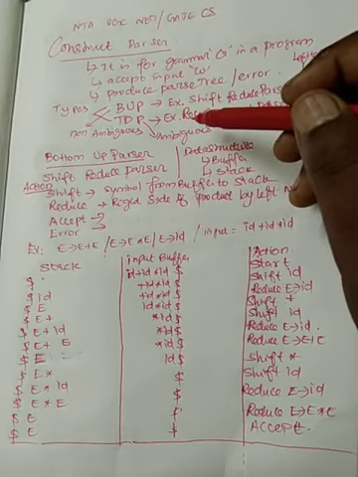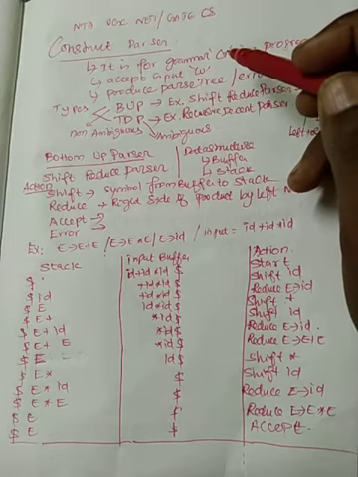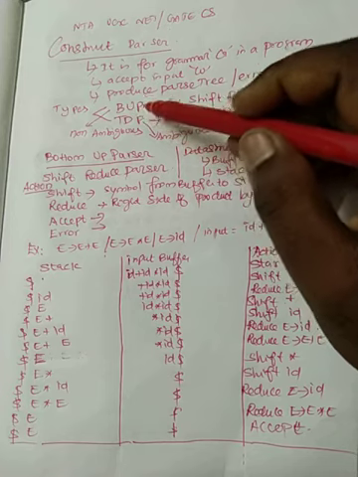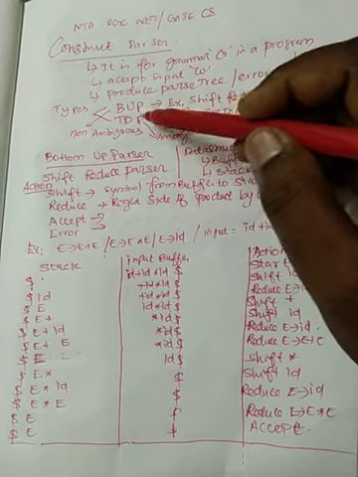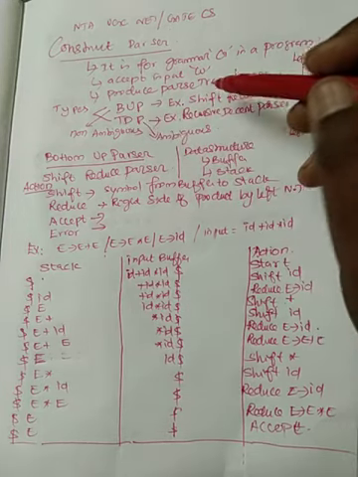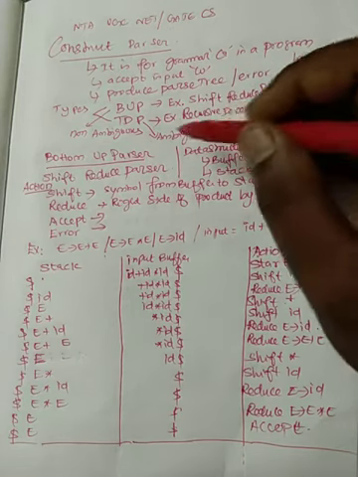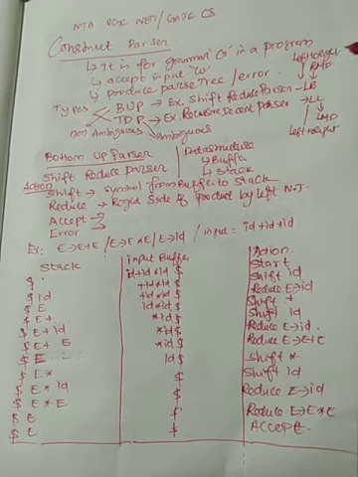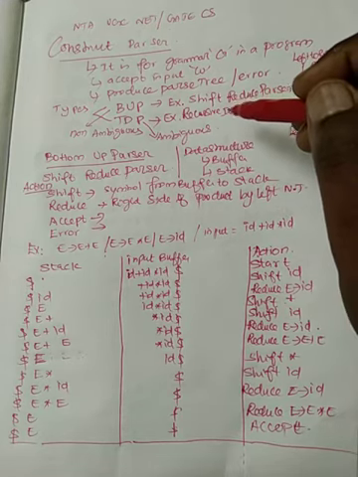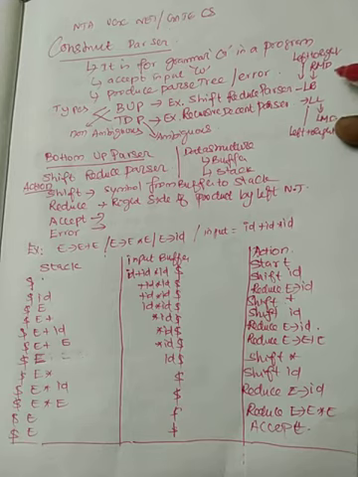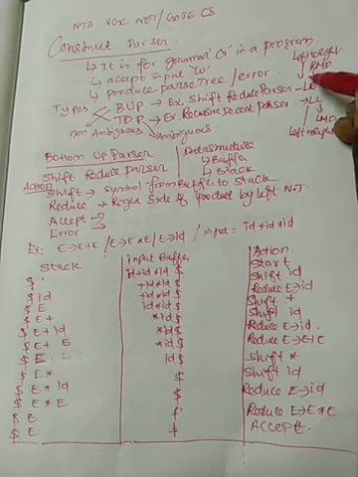This parser is of two types. One is the bottom up parser, BUP, and the next one is the top down parser, TDP. An example for a bottom up parser is the shift reduce parser, and for a top down parser it is the recursive descent parser. If you compare the easiness of both parsers, the bottom up parser is best.